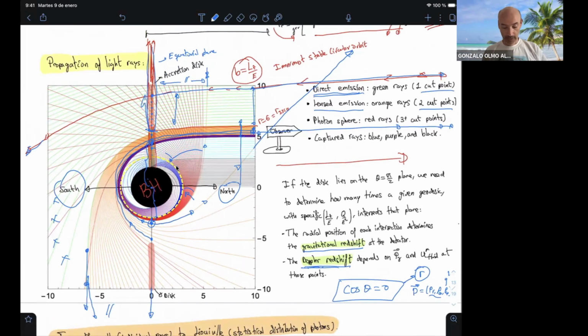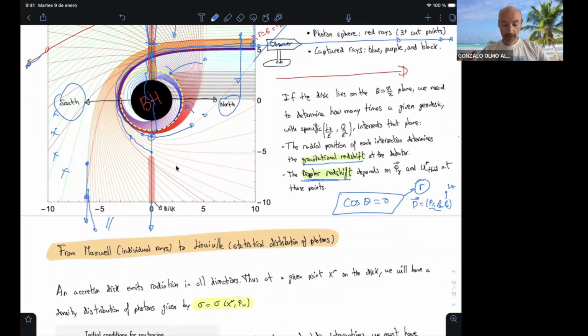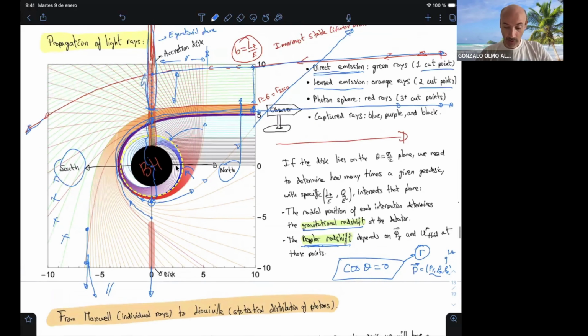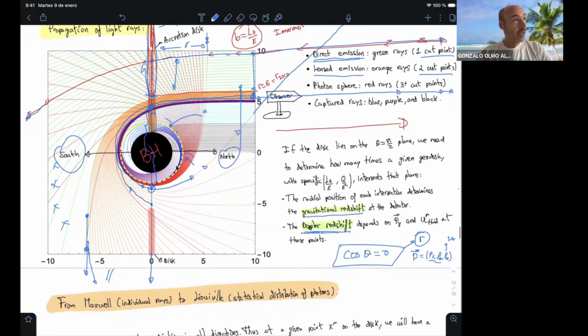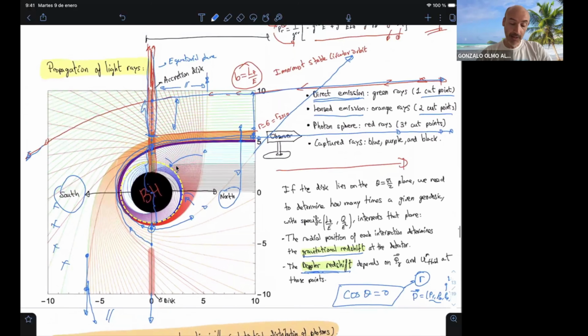Now that we know how to integrate the equations and what information we are looking for, we need to understand the relation between the emitted intensity profile and the detected intensity profile.